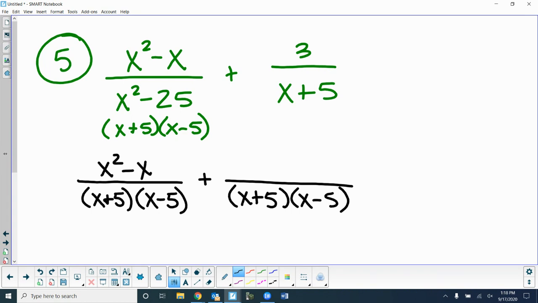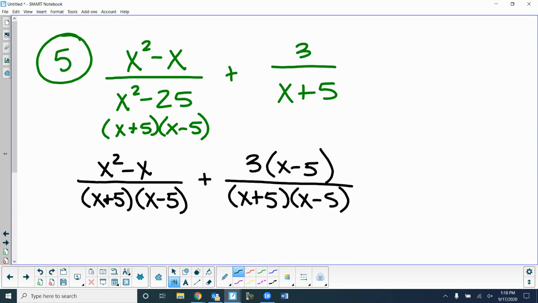Over here I had a 3. It was x plus 5, now it's x plus 5 times x minus 5. So what did I do to that? I multiplied by x minus 5, so I have to do that same thing to the numerator. Okay, so that's what my second fraction looks like.